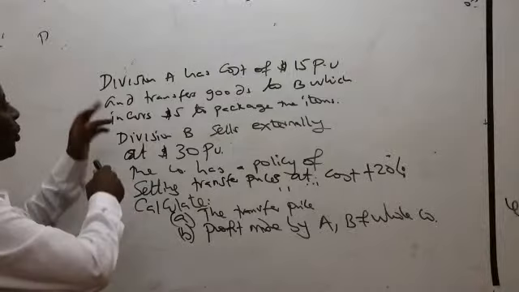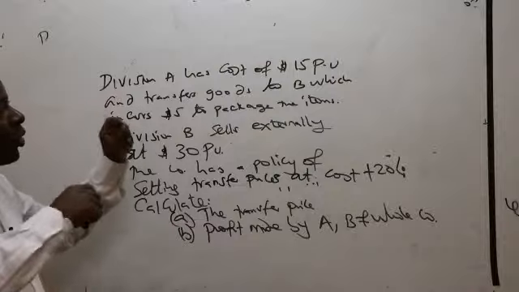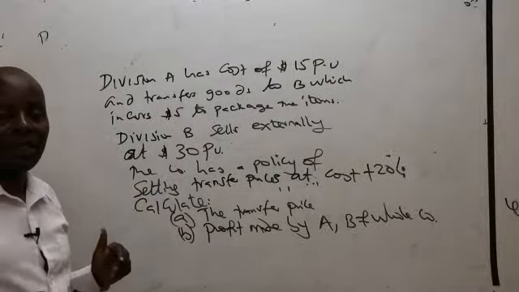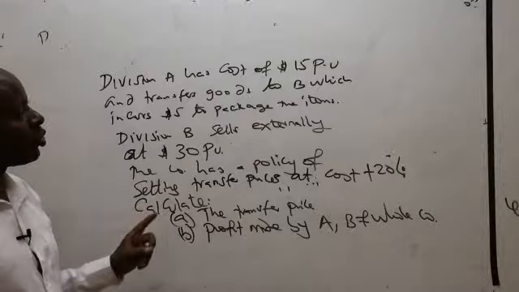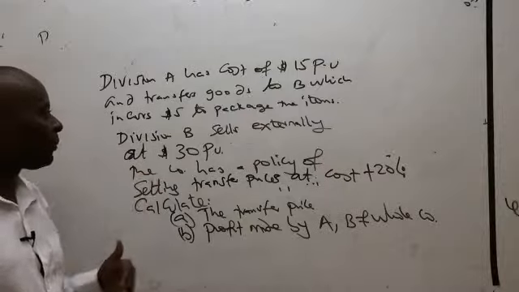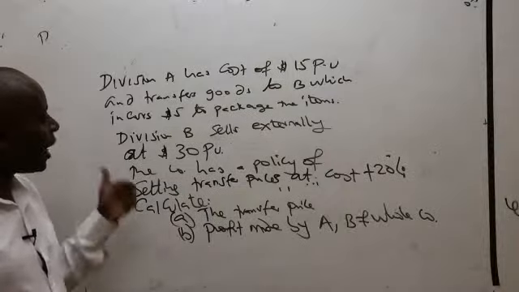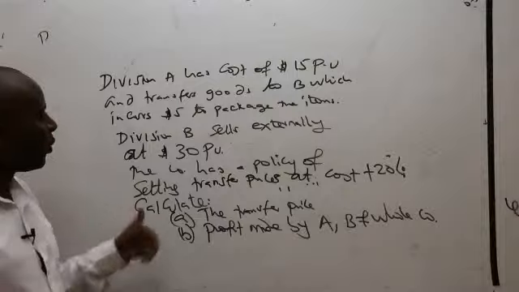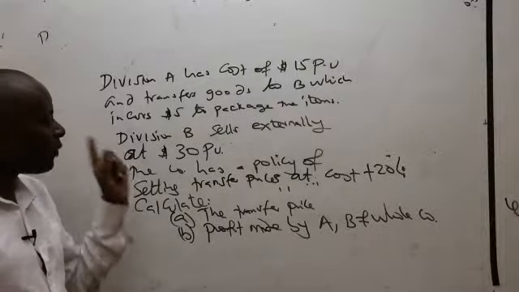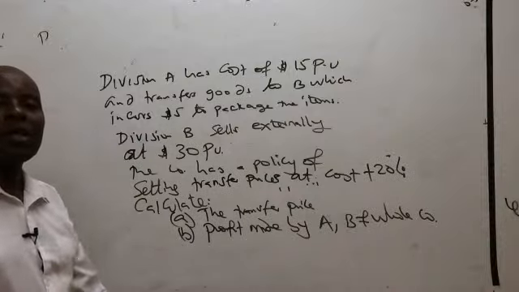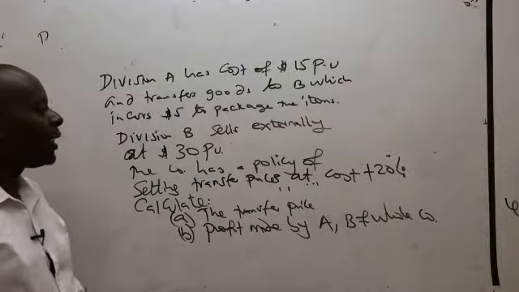So illustration, division A has a cost of $15 per unit and transfers goods to B, which incurs $5 to package the items.